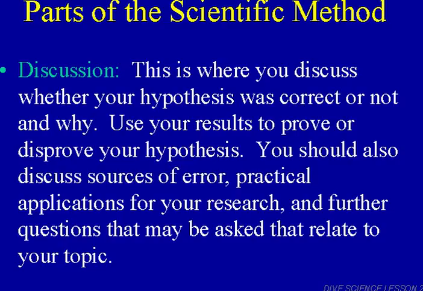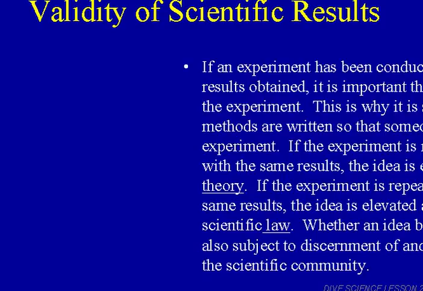Now, if you did an experiment and your hypothesis was correct, you still need to explain why you think it was correct. You're saying, well, this table shows me that it's correct. These results show me that it's correct. If your hypothesis was correct, that shouldn't be the end of your experiment, though. You want to verify it and show if it's really a valid result or not.